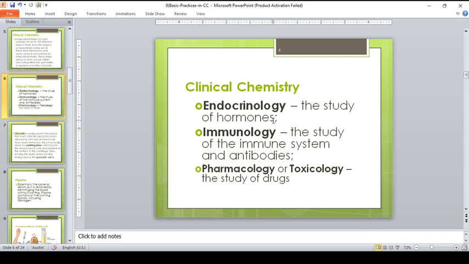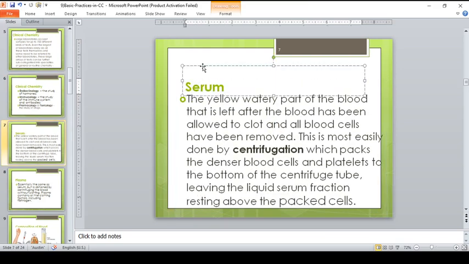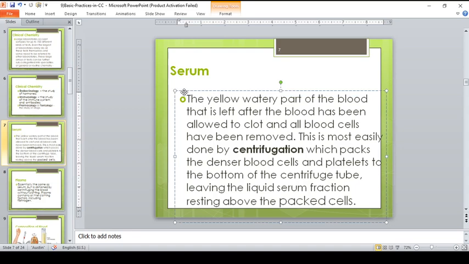Immunology is the study of the immune system and antibodies. But actually, guys, most of the endocrine and immunology analytes are tested in the immunology and serology section. Pharmacology or toxicology is the study of drugs. Okay, so we differentiate serum.